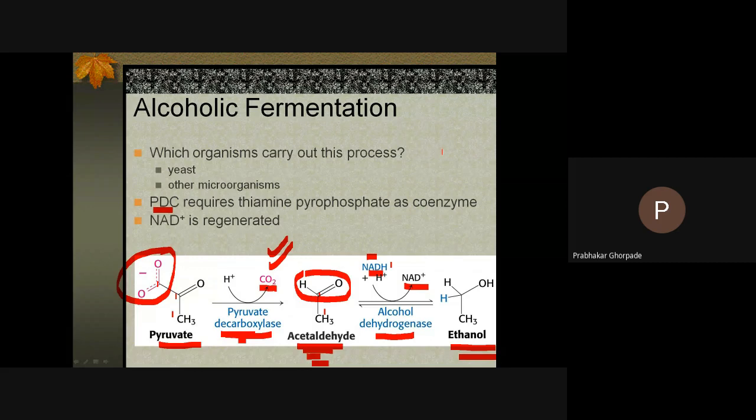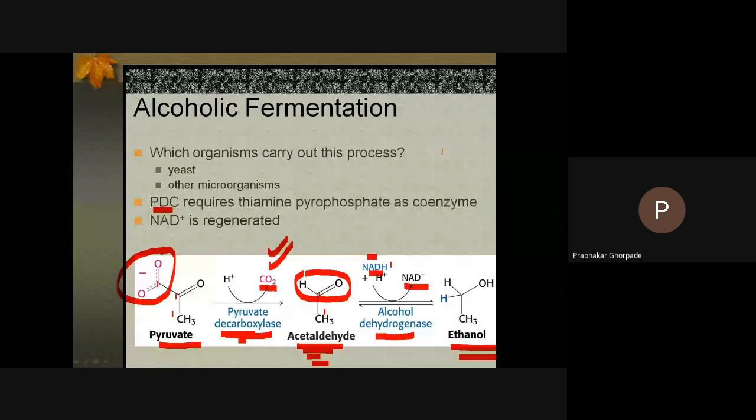Yeast is there, glucose is there, glucose is undergoing glycolysis. Okay, glycolysis happened. What happened with the glucose? Glucose got converted into the pyruvate molecule. What happened with the pyruvate? Again, yeast has an enzyme, pyruvate decarboxylase, which is removing the carbon dioxide. Carbon dioxide got removed. What happened to pyruvate?